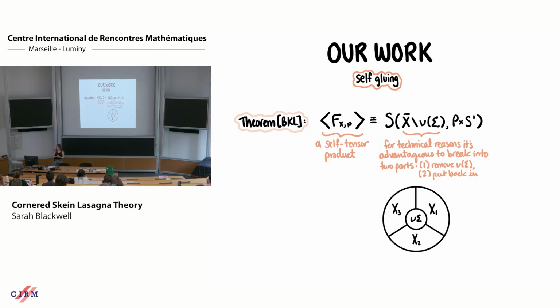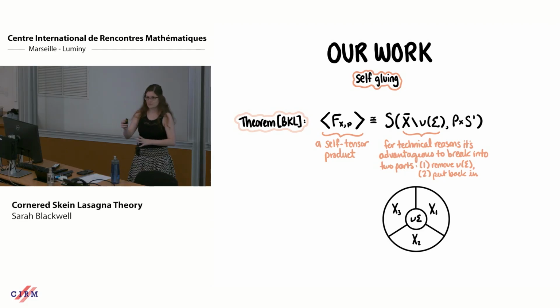One reason for doing this is that we're fixing a point set from the get-go. So at some point we have to deal with the fact that what if I have a different point set? What if my points move around? We could encode that into the definition of our category, but that caused some issues we didn't want to deal with. So instead, we're breaking this into two steps to help with that.